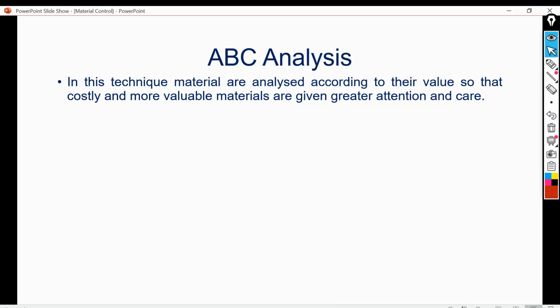Then what is our categorization? We pay more attention to diamond, gold and jewelry items, because the loss of a single unit of gold or jewelry is a loss of a huge amount.